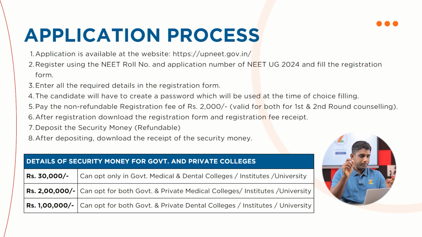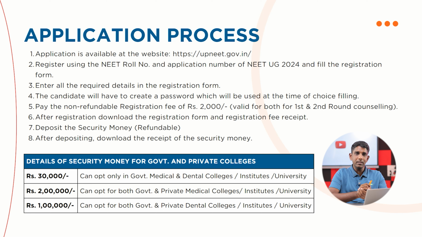After paying the registration fee, you will be able to download the filled-in registration form, and you will be able to download the registration fee receipt as well. After you download the registration form and get the receipt, you will have to pay a security deposit for the counselling.